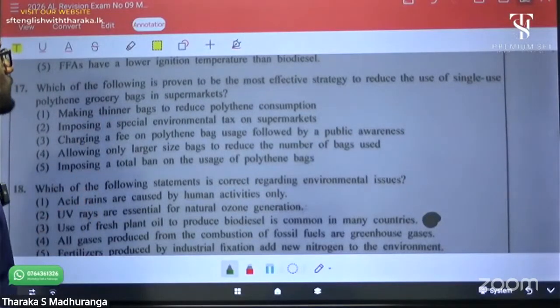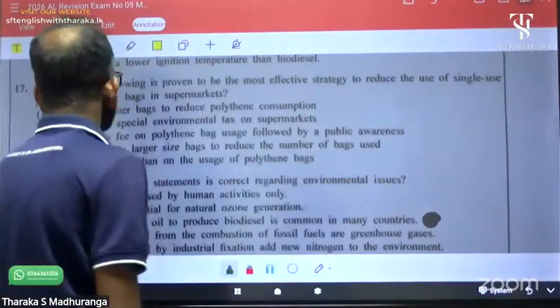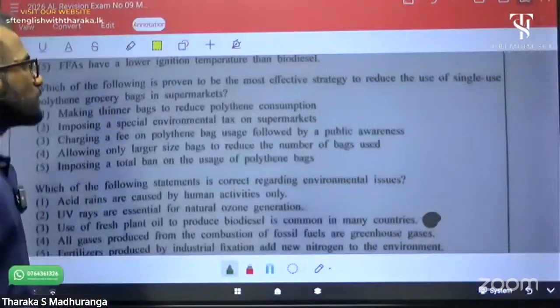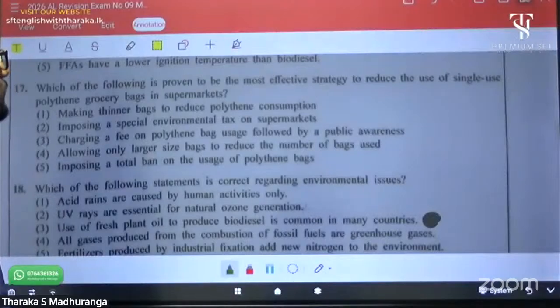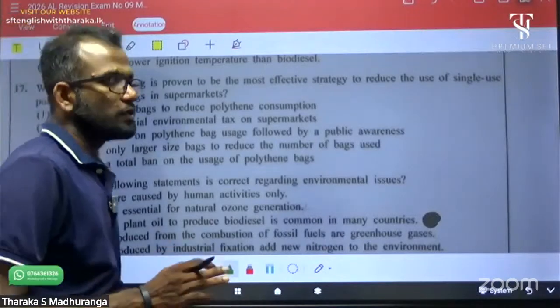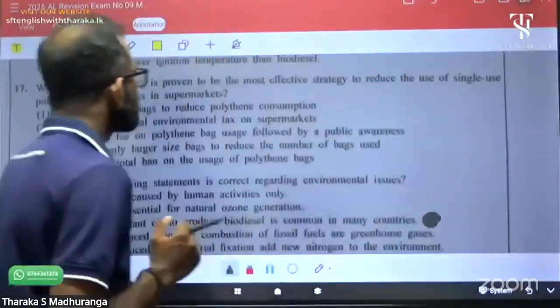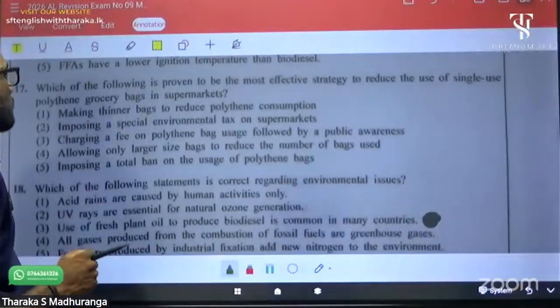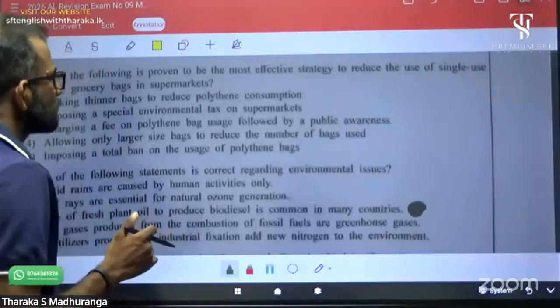Which of the following is proven to be the most effective strategy to reduce the use of single-use polythene grocery bags in supermarkets? Making thinner bags to reduce polythene consumption.